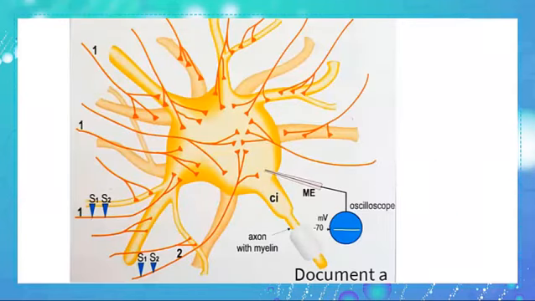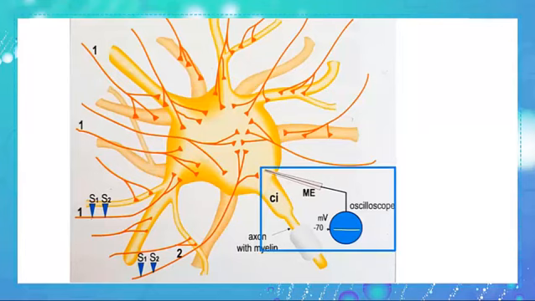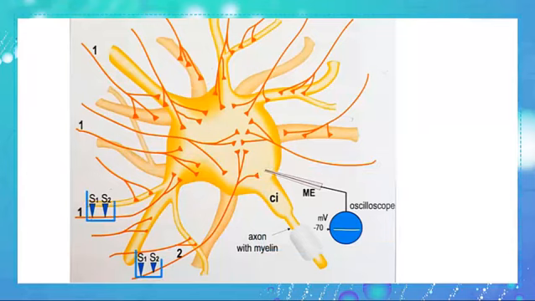Document A of your books shows how the same postsynaptic neuron responds differently to two different presynaptic neurons releasing different neurotransmitters. In this experiment, the cell body of a motor neuron of the spinal cord is connected to an oscilloscope, while stimulating electrodes are connected to the presynaptic neurons 1 and 2. Notice that before stimulating any of the presynaptic neurons, the oscilloscope connected to the motor neuron reads a resting membrane potential.